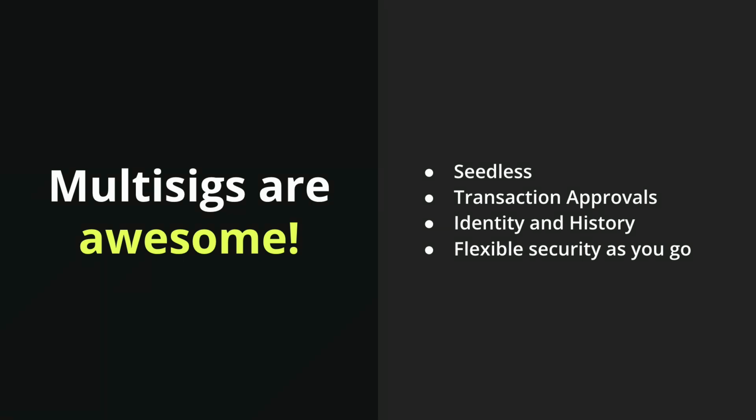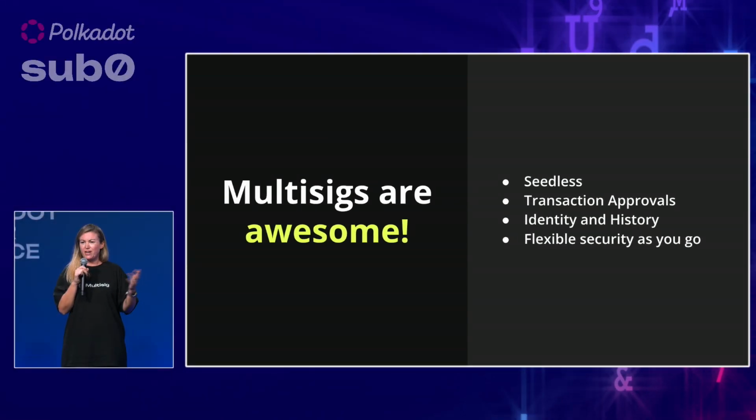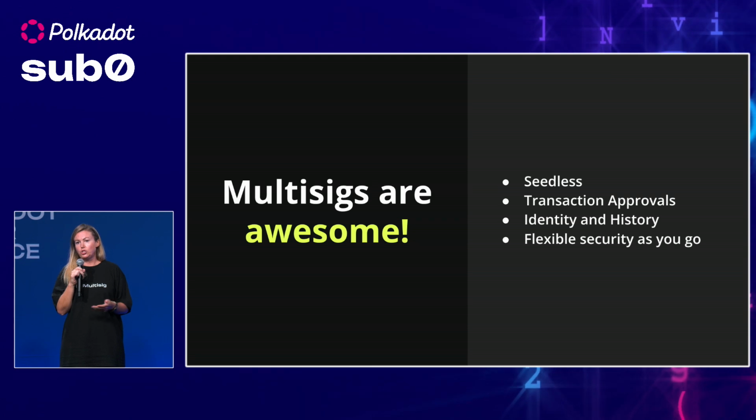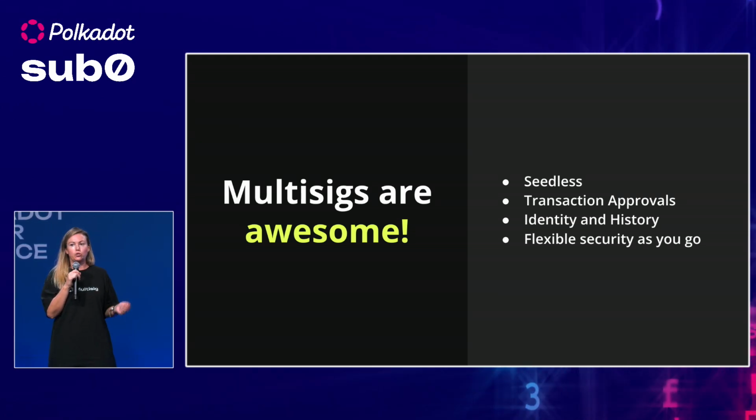The proxied account allows us to establish the same account over time, so we have the ability to have identity on the proxied account, store funds, and develop a history that we don't have to change if we change the multi-sig configuration. And then we also have flexible security as we go.